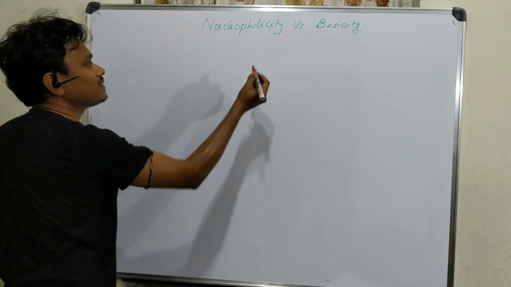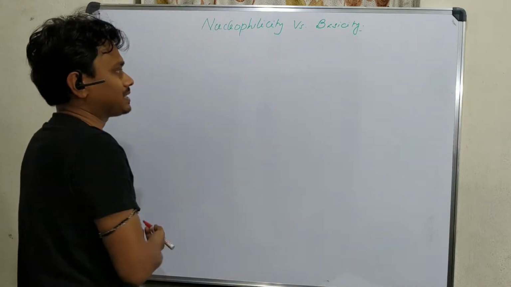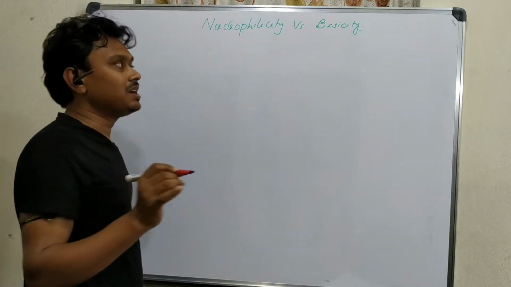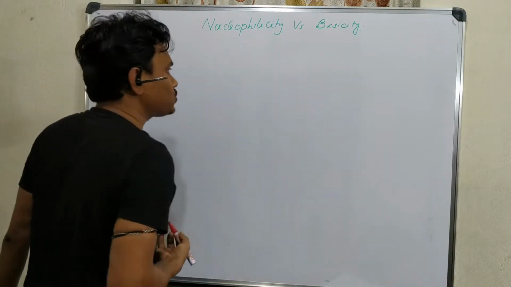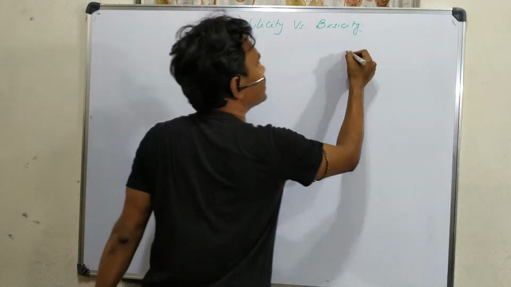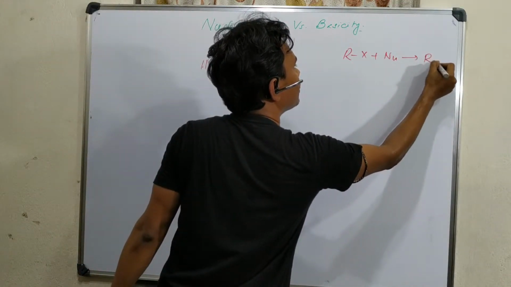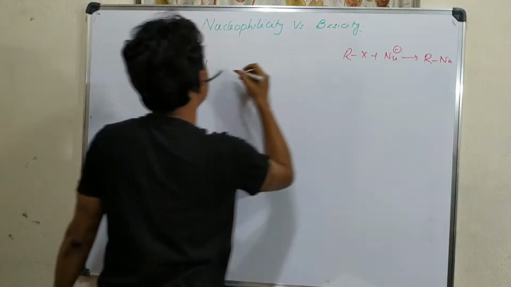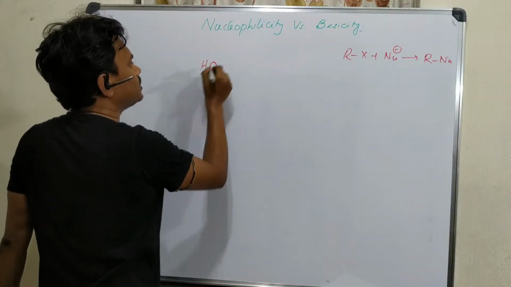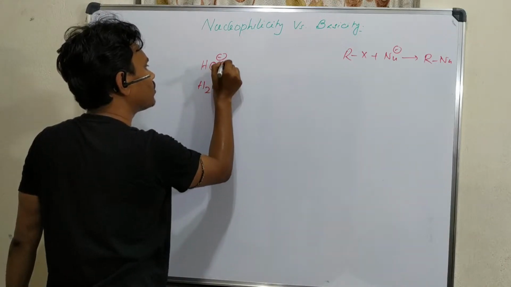If we consider the same center, meaning two atoms having a common center, but one is charged versus one is uncharged, for example, let's write the reaction: RX plus Nu gives RNu. So OH minus versus H2O.